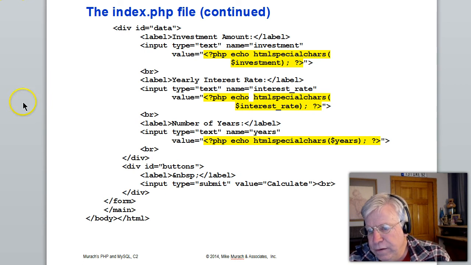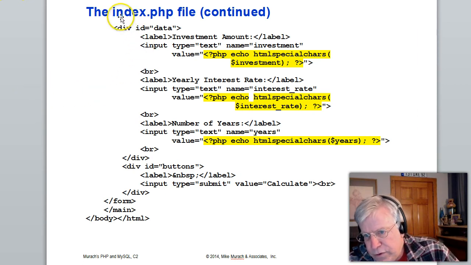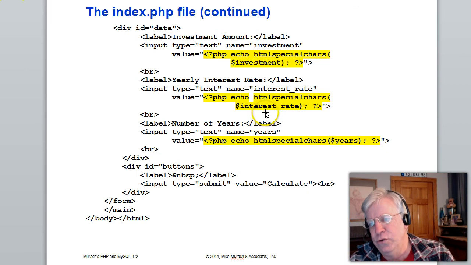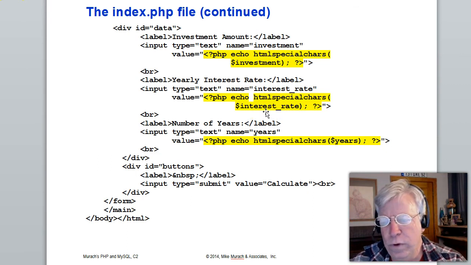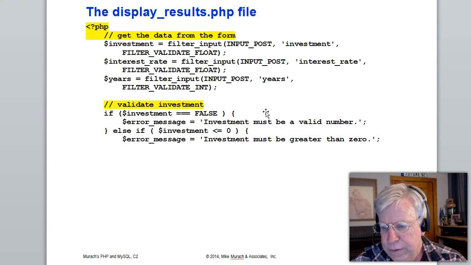And what's interesting here is they've taken the index HTML page and turned it into an index PHP page and added the HTML special characters to help make sure that we're not going to get attacked. So this is a good use of that HTML special characters function.